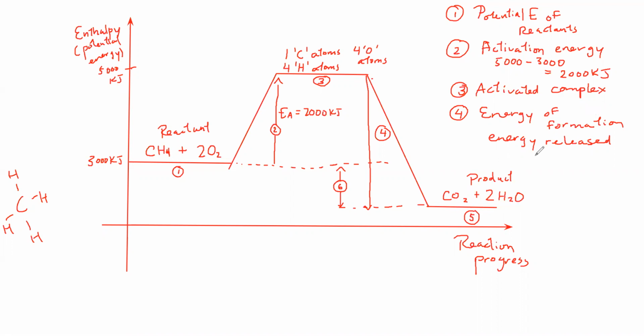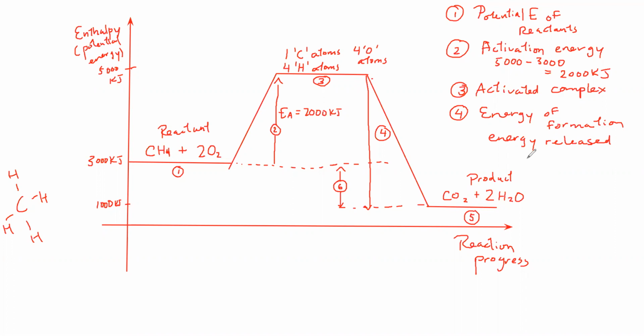And that, let's say we get to number 5. We now are at, let's say, for argument's sake, 1,000 kilojoules. So there's a big drop. As you could see, it essentially goes from 5,000 kilojoules to 1,000 kilojoules.